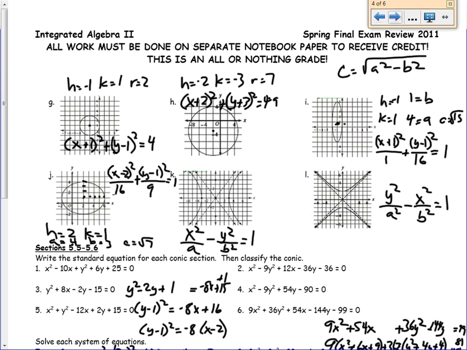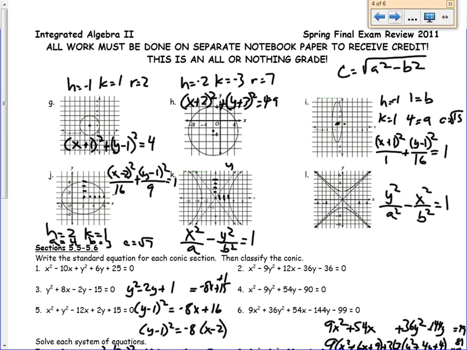So now it's just a matter of counting this stuff. And by counting this stuff, I mean, look. 1, 2, 3. 1, 2, 3, 4. It opens around the x-axis.